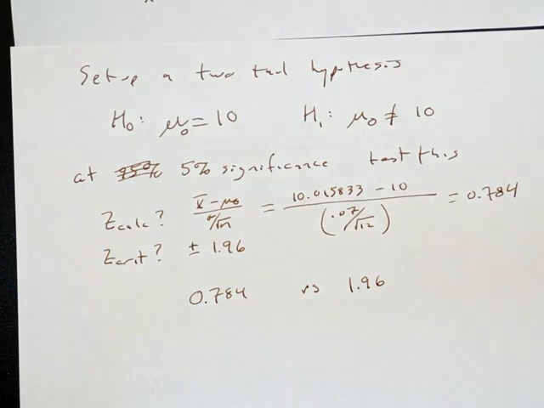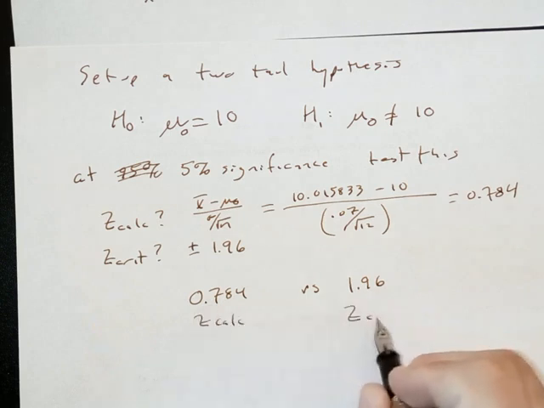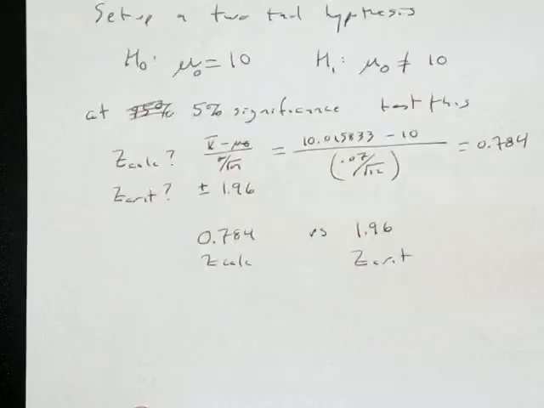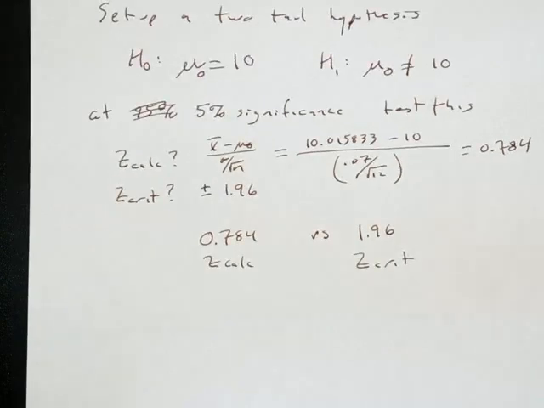The zcalc versus zcrit. What am I supposed to do here? Reject or not? If the calculated value is bigger than the critical value, I reject. This one's inside, I don't reject.